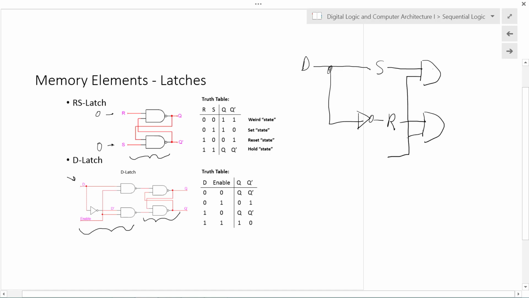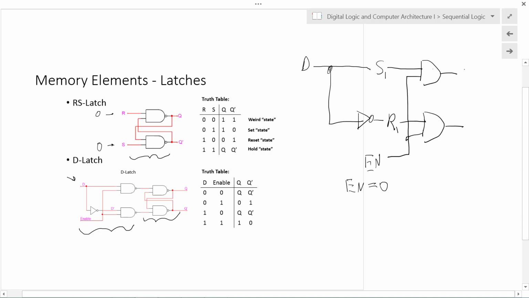We'll call this an enable signal. Now if we have two AND gates here, En equals 0. Let's change our names from S to S1 and R to R1 here.